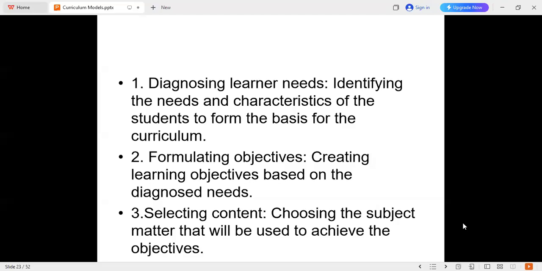But obviously, since we are in that field, we can understand there is a mismatch between needs and objectives. In the selection of subject content also, we can identify some gap.